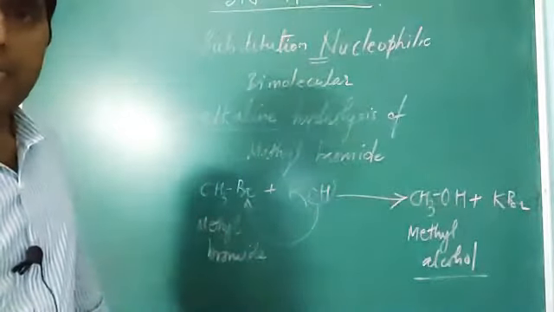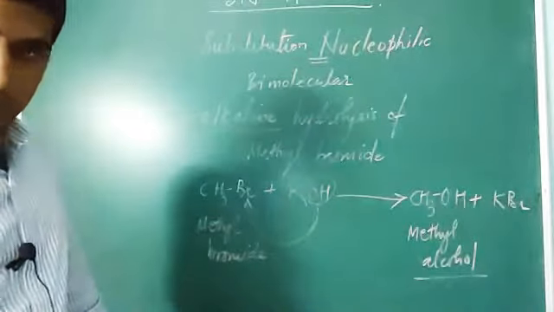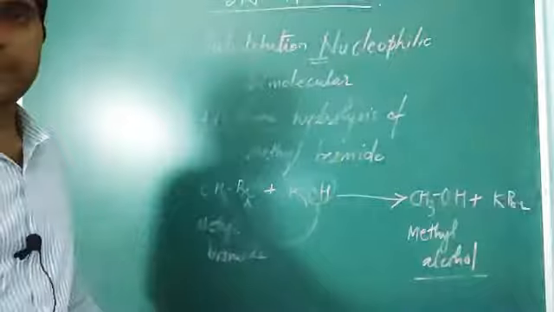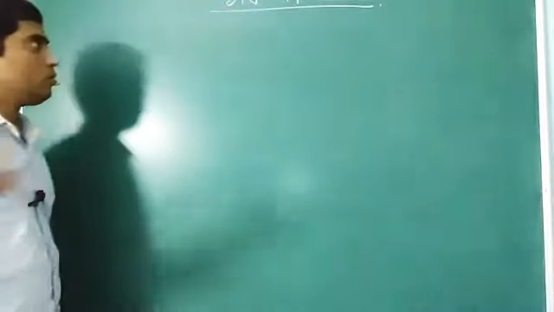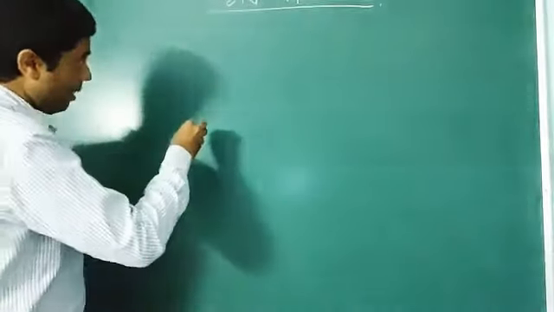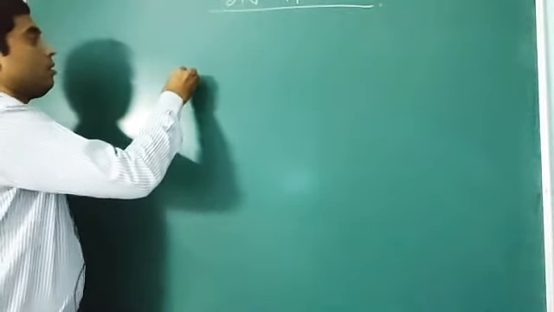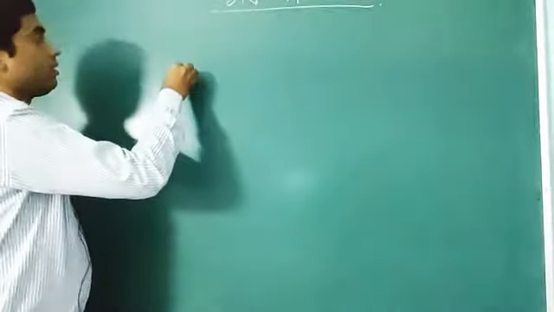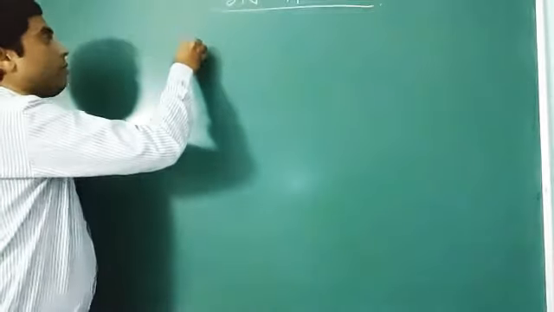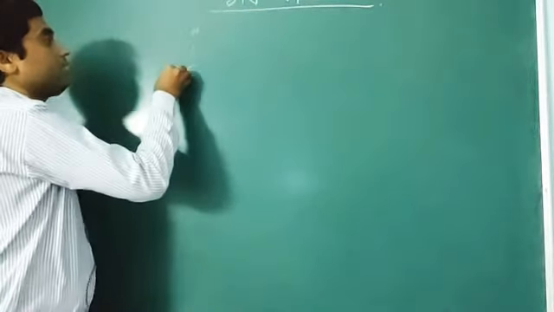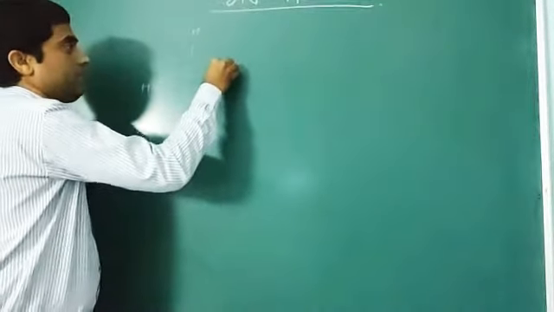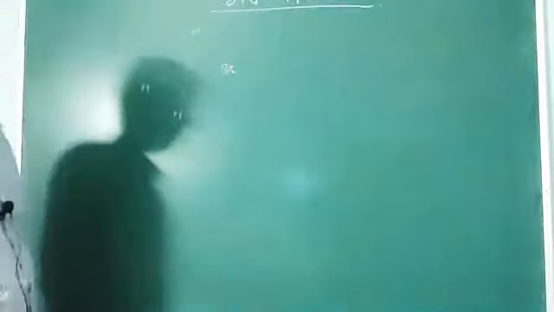Now we will see how this mechanism proceeds. Students, we will write the chemical reaction of methyl bromide. This is the central carbon, these are 3 hydrogens and this is bromine.